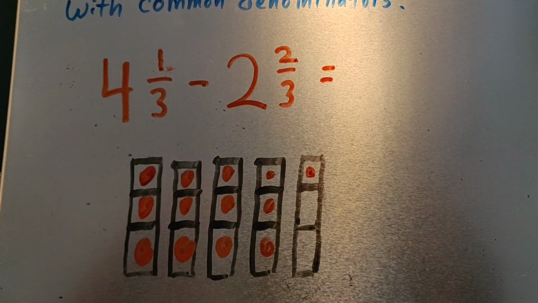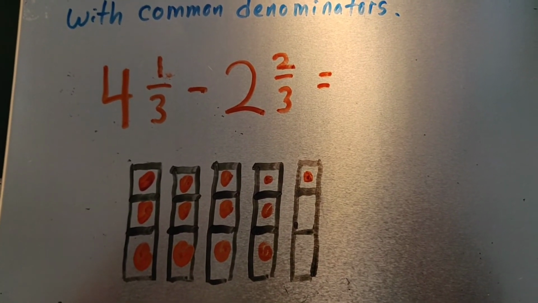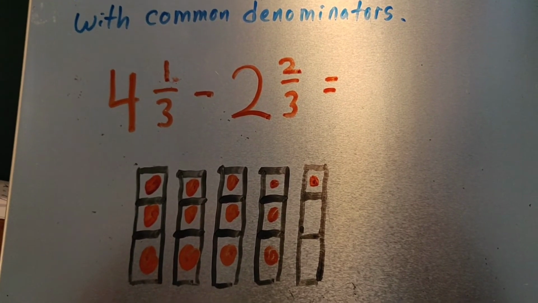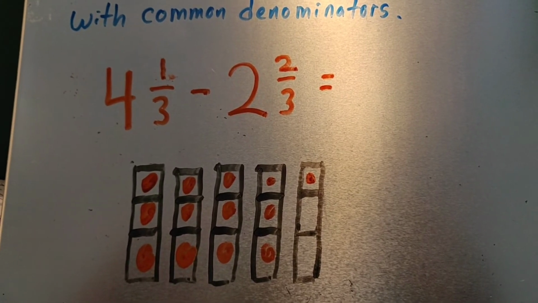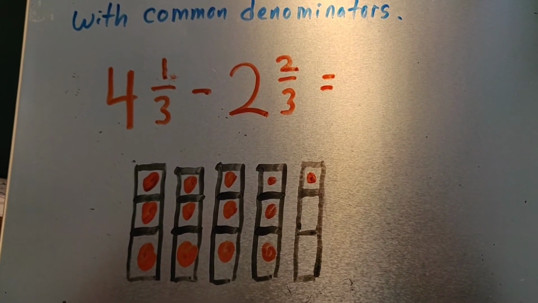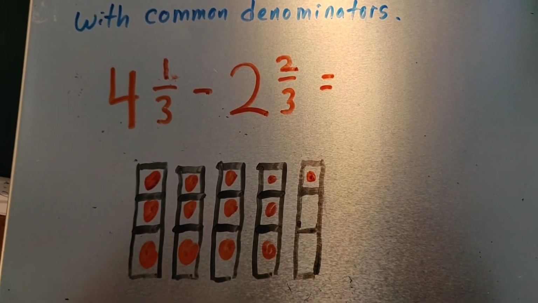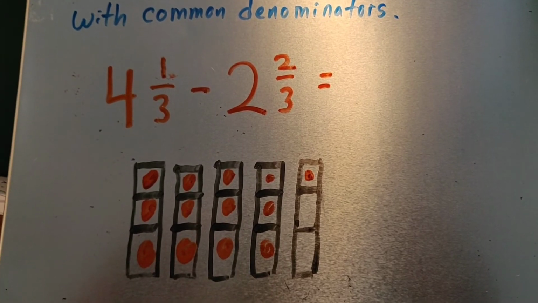And now the next step in subtraction, once we've modeled what we're starting with, the 4 1/3, is start taking away the 2 2/3. But remember, we take away the wholes on the left, then we start taking away the fractional units on the right-hand side one by one without skipping any spaces.